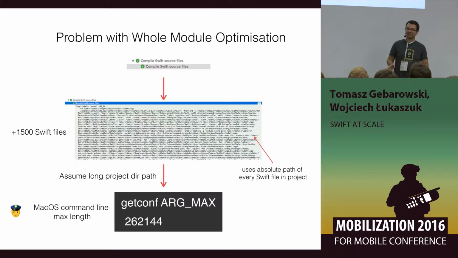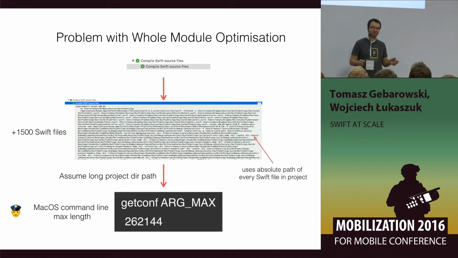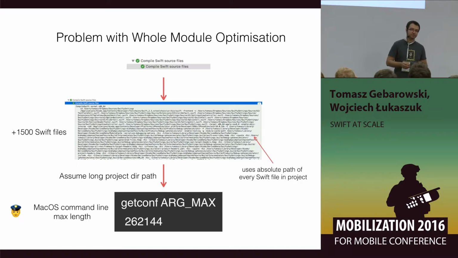It was like a typical scenario. It works for me, I don't care, but the CI simply didn't work. But then we started to investigate this topic, and we found out that when whole module optimization is invoked, the compiler gets all the Swift dependencies of the project in one line.